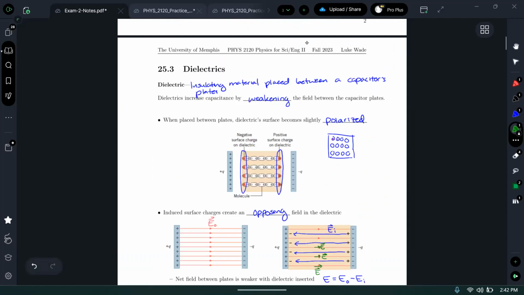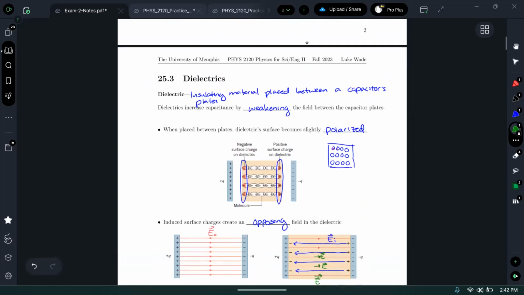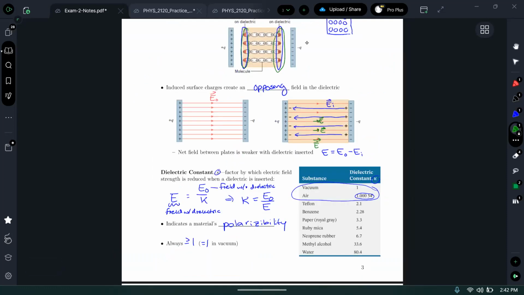The important thing about dielectrics is that they weaken the electric field between the plates of a capacitor by becoming polarized on their surface. And the amount that the field is weakened by is this dielectric constant, but usually it is a given quantity. It depends on the material.